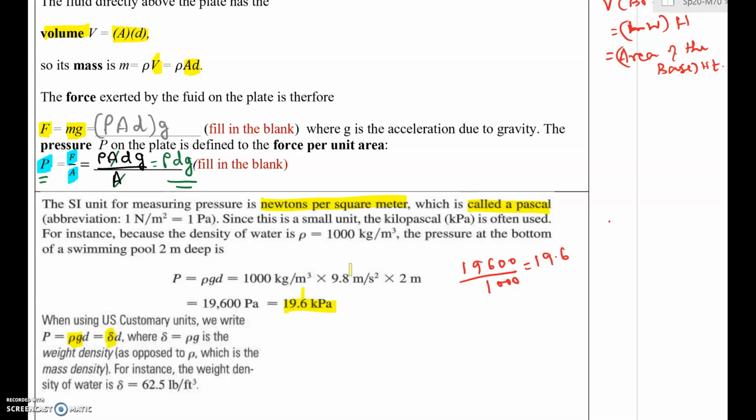In US customary units, pressure becomes delta D. Instead of mass density, we use the weight density, which is delta, which is rho times g, where delta is taken as 62.5 pounds per cubic foot, the weight density of water. In the case of the SI system, where the measures are based on kilograms, meters, and seconds, water density is considered as 1000 kg per cubic meter.